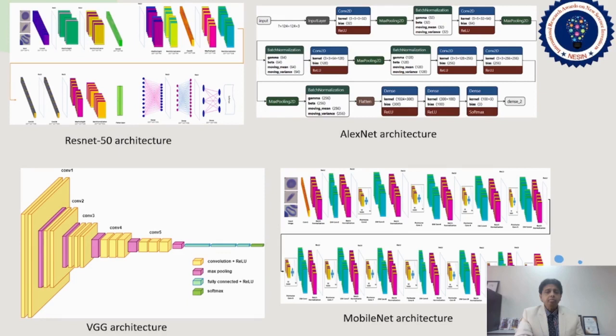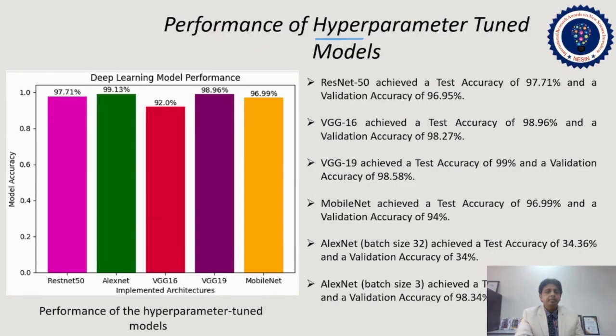In this slide, you can see the ResNet 50 architecture, then AlexNet architecture, VGG architecture, and MobileNet architecture. All these architectures are newly proposed by tuning new parameters. So these are all our proposed architectures for the proposed sickle cell disease classification techniques.